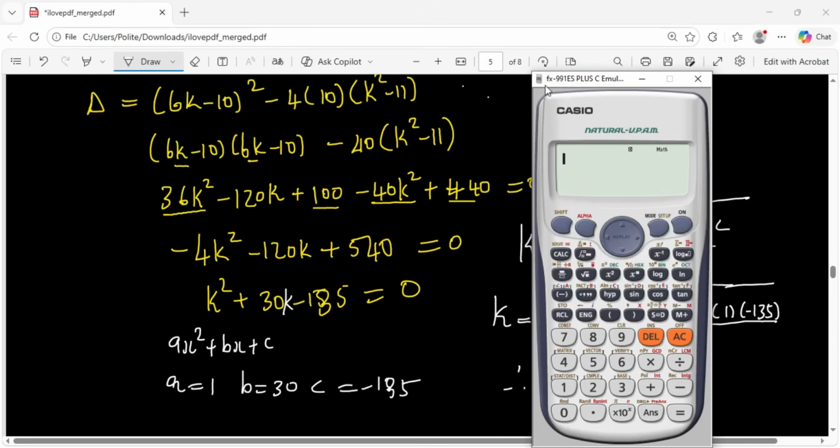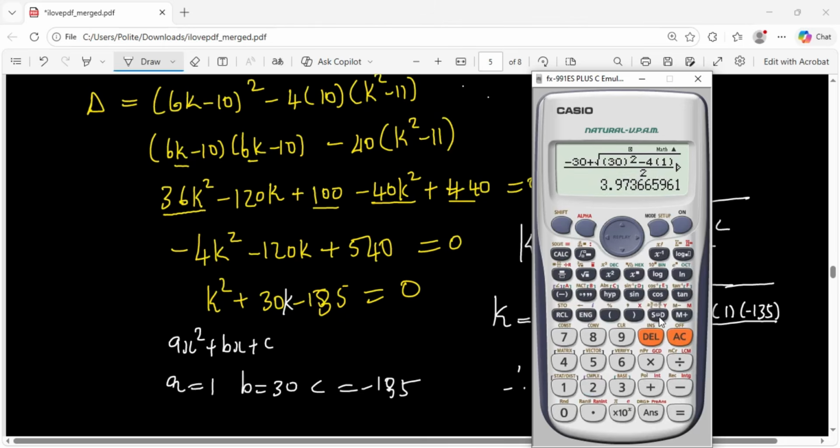Okay, this is minus 30 plus the root of 30 squared minus 4 into a, which is 1, minus 135, over 2 into 1, which is just 2.